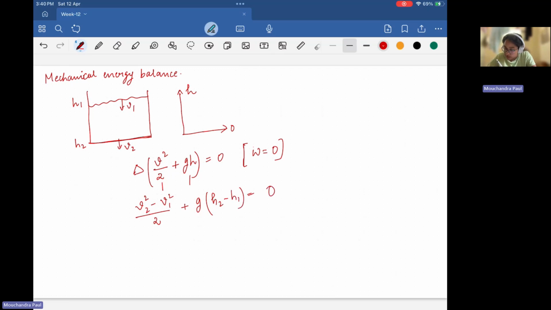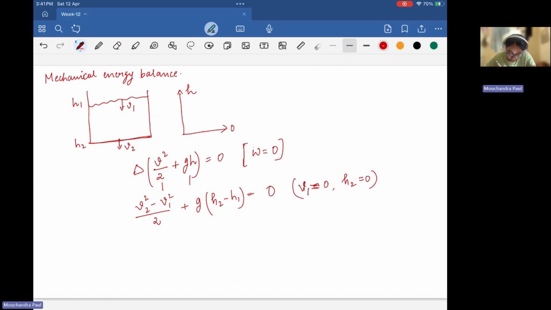Here V2 is the velocity of the water coming out from the bottom. V1 is the velocity of the water at the top. So we can apply a reasonable assumption that V1 is close to zero. And here H2 is zero.